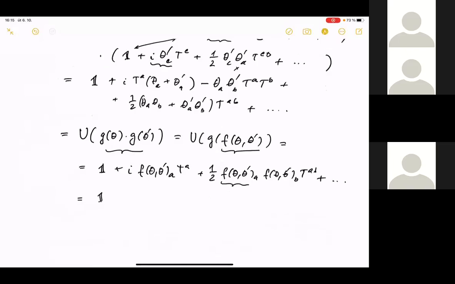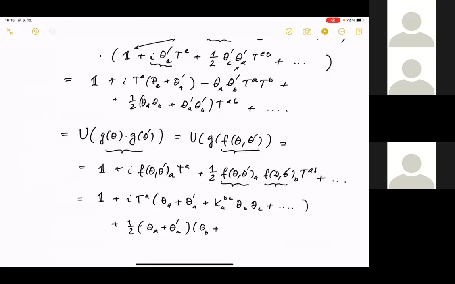So we get 1 plus I TA times theta A plus theta prime A plus KABC theta B theta C plus higher order terms in the expansion. And here we can expand only to the first order because this term is already quadratic in F. So we get 1/2 theta A plus theta prime A times theta B plus theta prime B times TAB plus terms which are higher order.